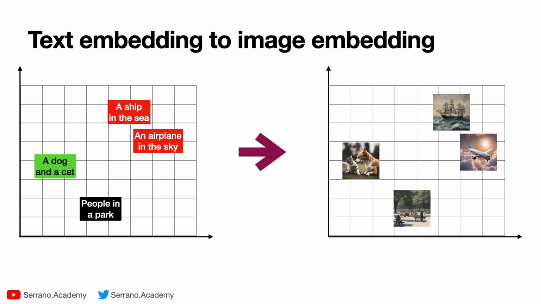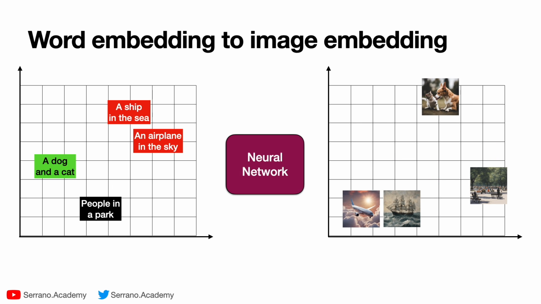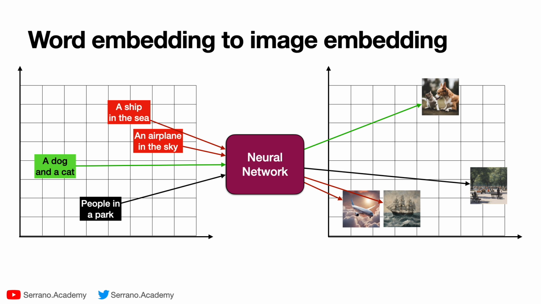And the idea again is that we're not going to be that lucky to have the images match up the texts like here. In reality, the image embedding and the text embedding could be very different. And what we need to do is train a neural network to match every single paragraph in the dataset with its corresponding image in the image dataset.